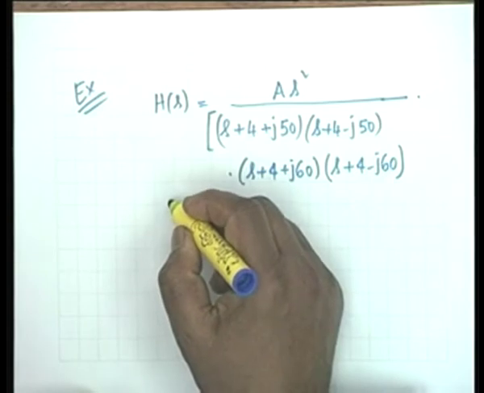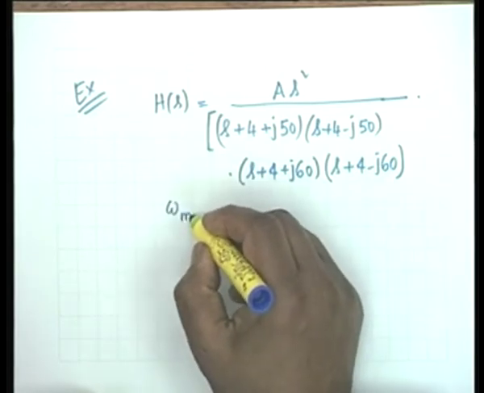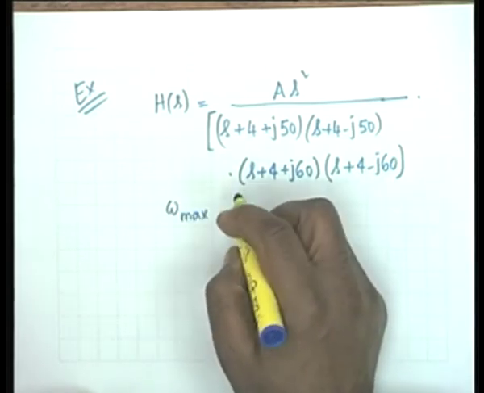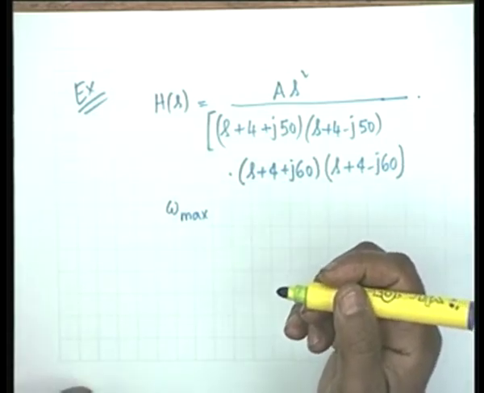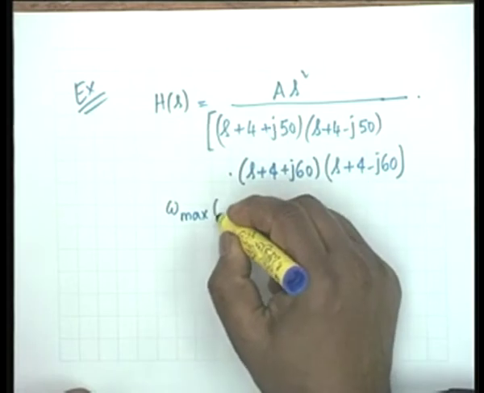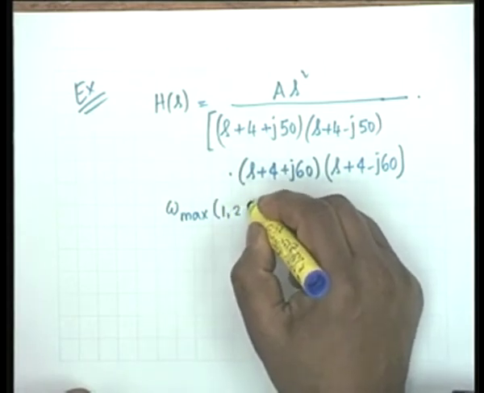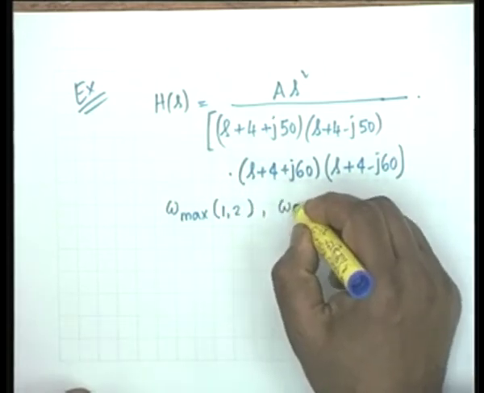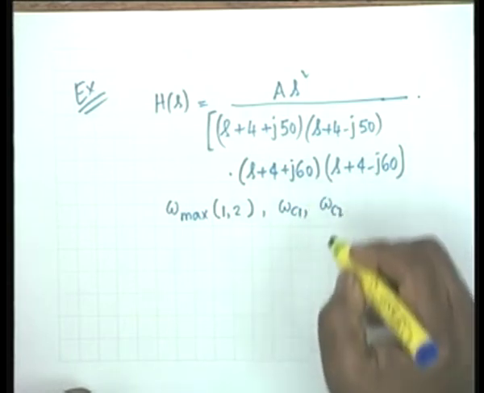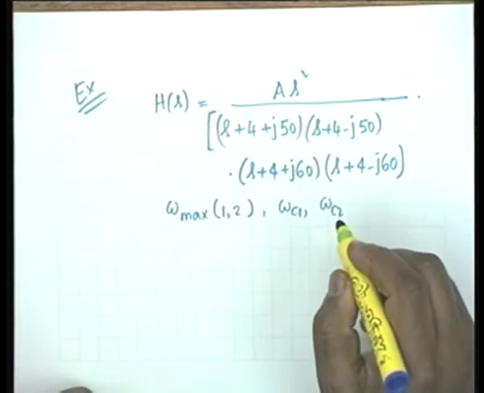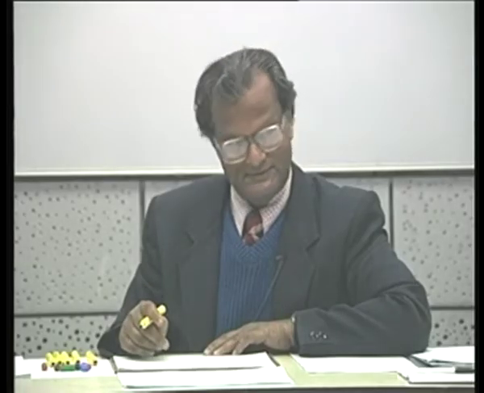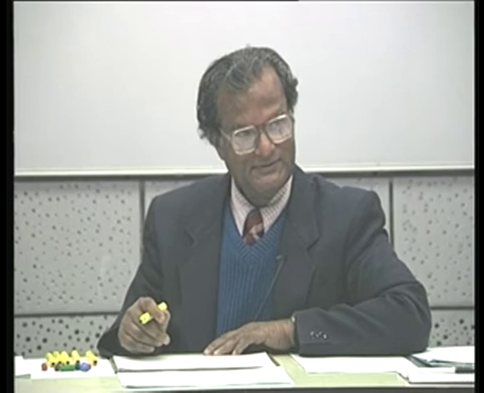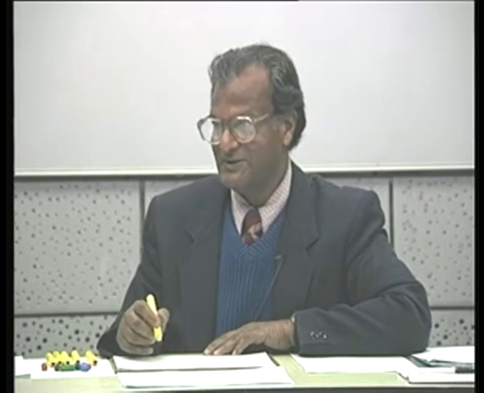We have to find out the frequencies of maxima, omega max, if there are 2, both of them, 1, 2. You have to find out omega C1, omega C2. This will always exist, whatever the value of k and zeta, because it is a band pass. Is it a band pass response now?